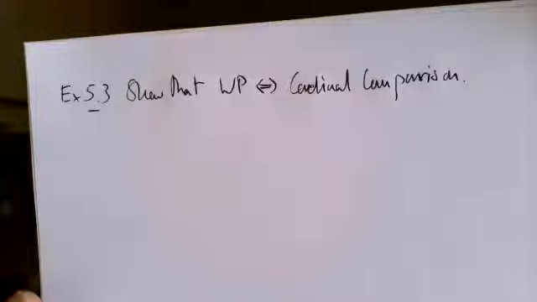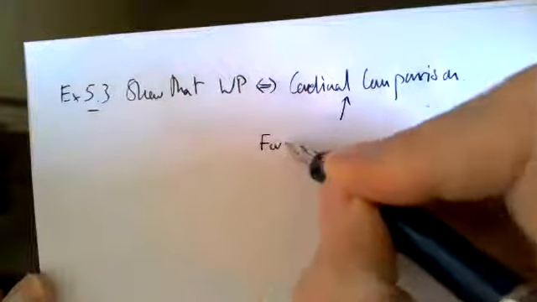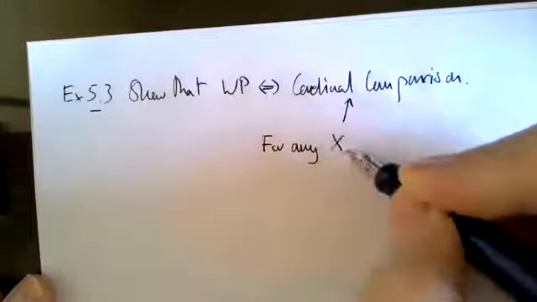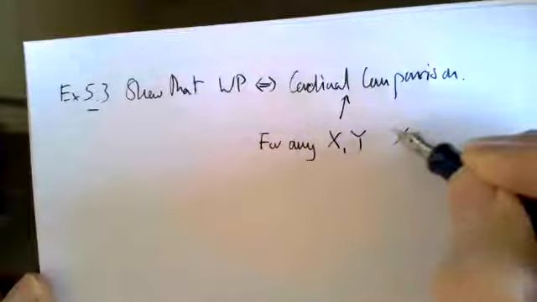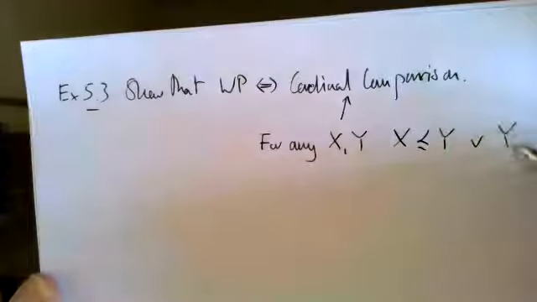So cardinal comparison says here, for any X and Y, either there's a one-to-one function from X into Y, or the other way around.